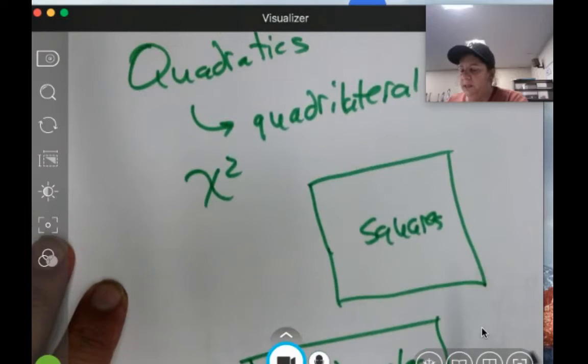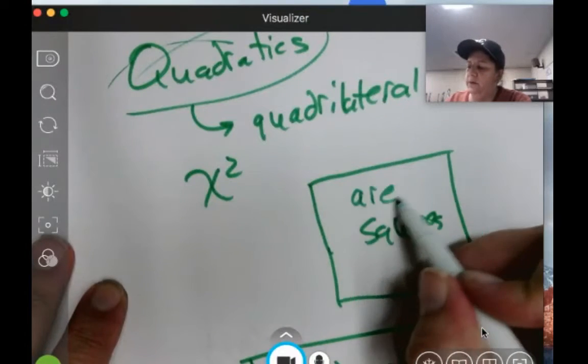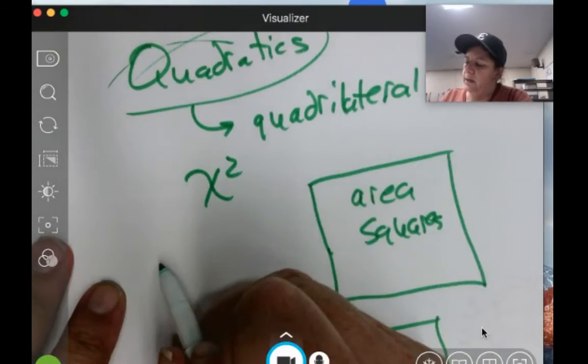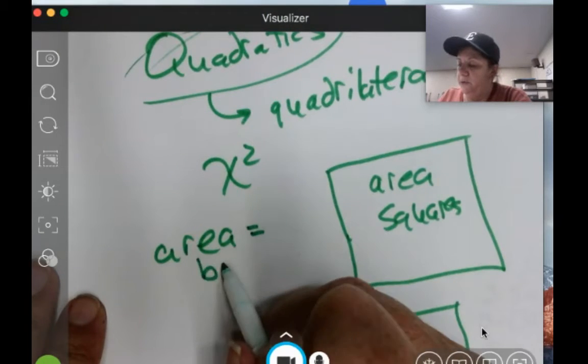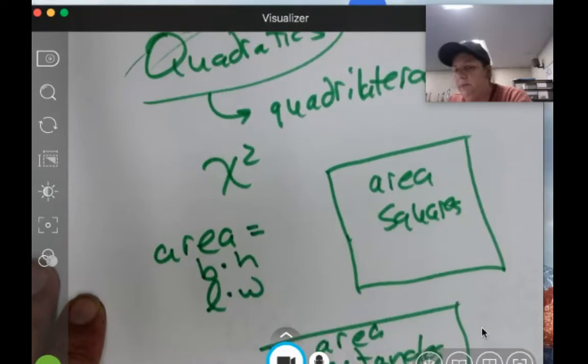So what that means is when we have a quadratic, we can often think of it as the area of a square or the area of a rectangle, which means we're going to use that area equals base times height formula for a rectangle, or length times width, same deal.